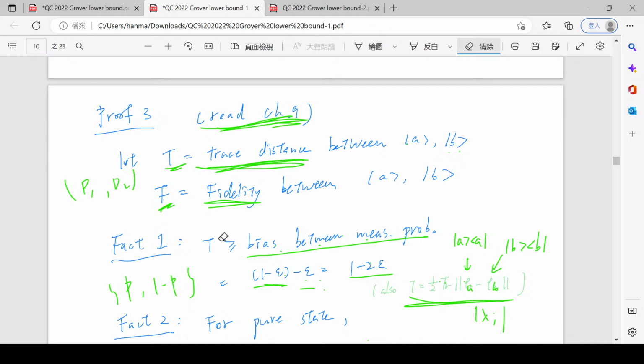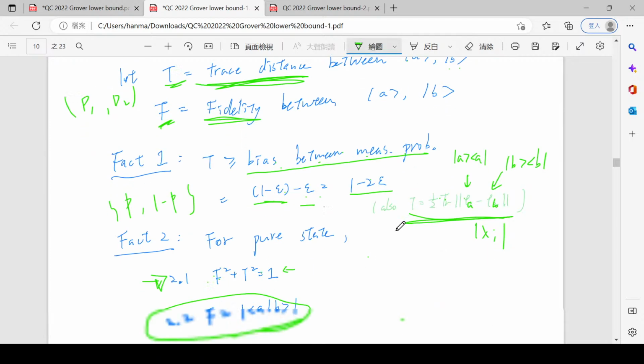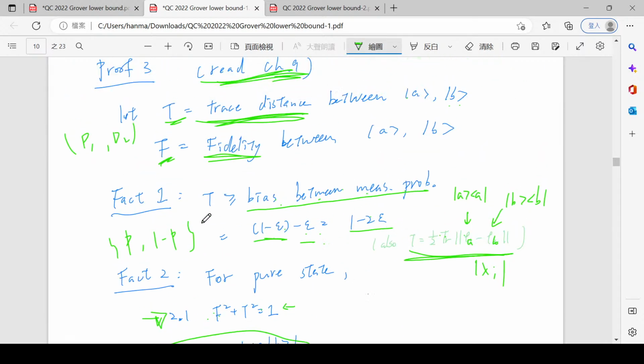It's a tight upper bound, we don't need it tight, but anyway, it's an upper bound on the distinguishing probability of those two states.